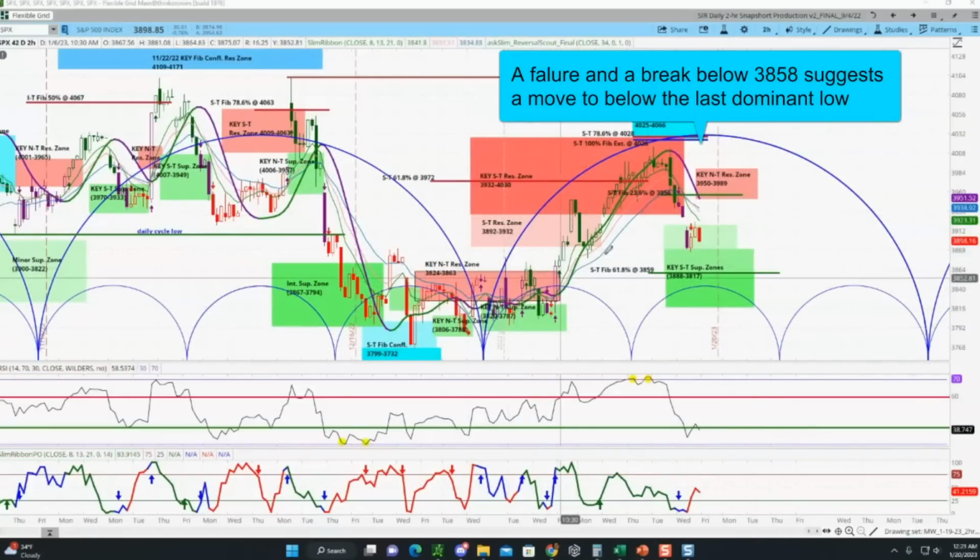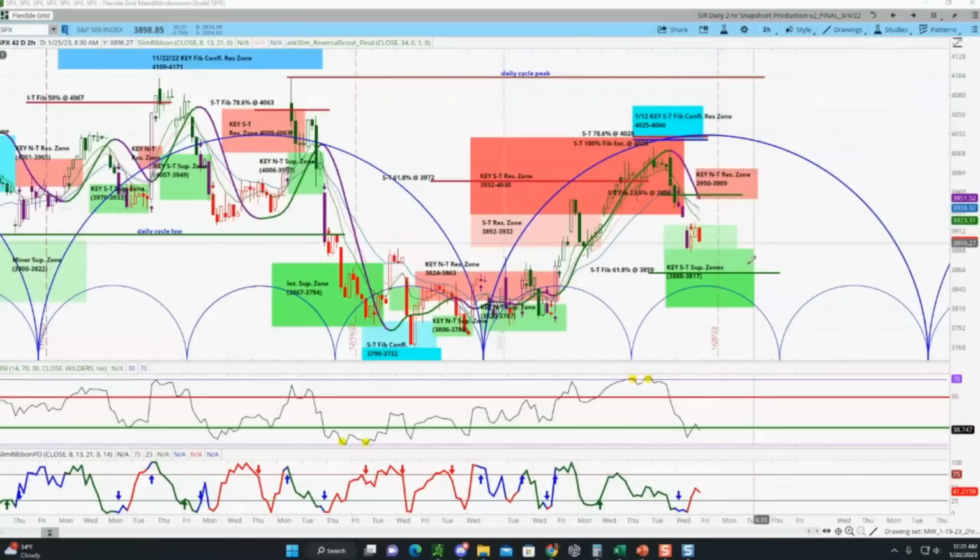So again, if we don't see an advance which pushes through this key near-term resistance zone in the next week or so, and we first get a close below the 61.8, then the odds have increased that a peak is in place and there is increased risk to the downside, where a retest or break of this low, those odds have gone up.